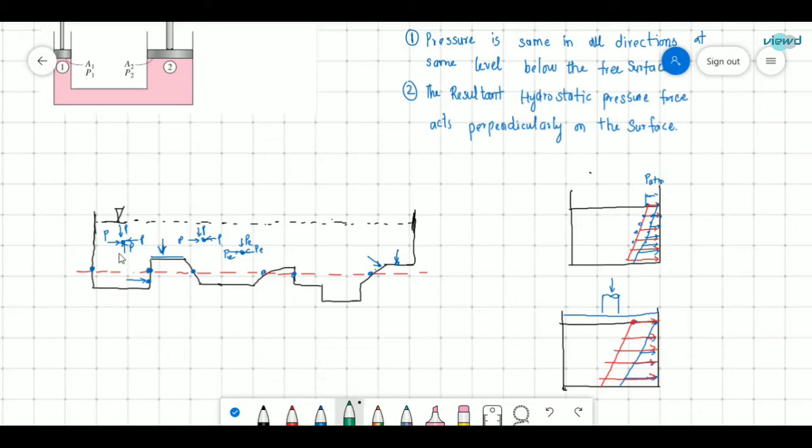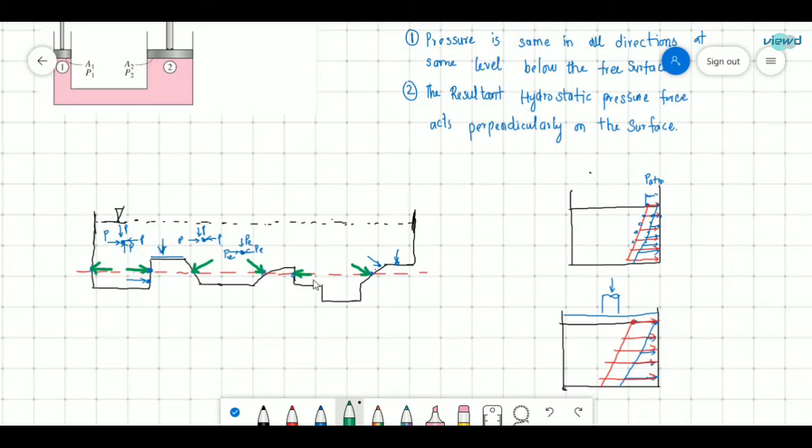Now there will be hydrostatic pressure force acting in this way. Here the perpendicular to the surface is this, and the perpendicular to this curved surface is in this way, and for this in this way. This is how the pressure force will be acting.